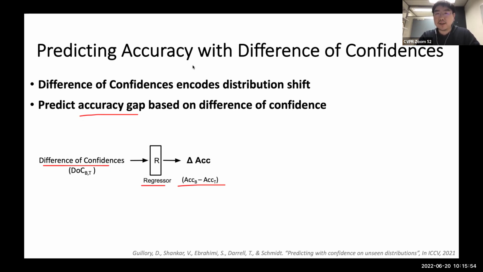If you use, for example, calibration methods or uncertainty-based methods, they can give you confidence levels for each individual sample. This is the advantage. The disadvantage is that if you add up these individual samples, they usually do not equal the overall accuracy.